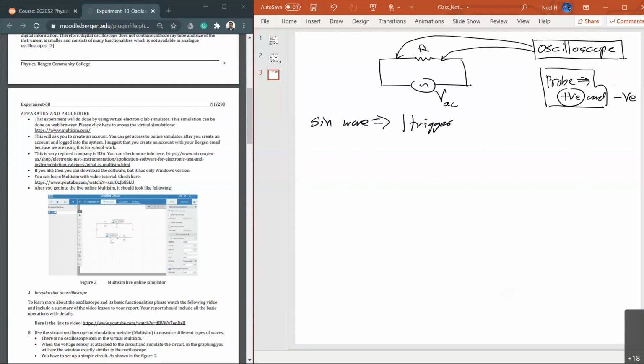By slowly changing the trigger, you can stabilize the waveform on the screen. In our virtual one, we have an automatic trigger. And also the DC type oscilloscope has this automatic, it says auto trigger. If you put it into auto triggering, it automatically stabilizes the waveform.